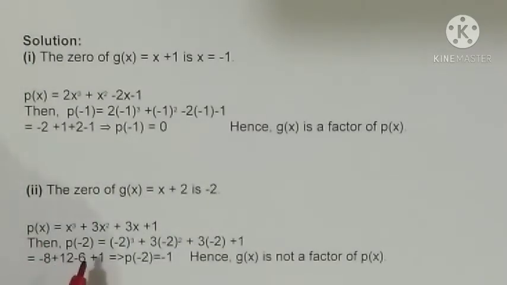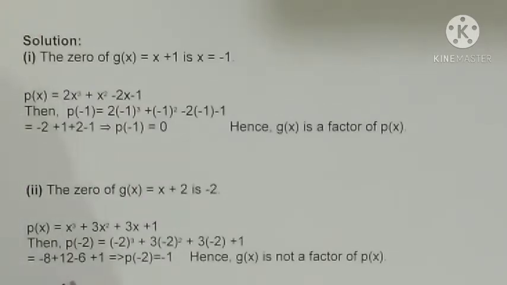P of x equal to x cube plus 3x square plus 3x plus 1. So we replace x by minus 2. So p of minus 2 we are calculating. Minus 2 whole cube plus 3 into minus 2 square plus 3 into minus 2 plus 1. That means minus 8 plus 12 minus 6 plus 1. This implies p of minus 2 equal to 1 only.